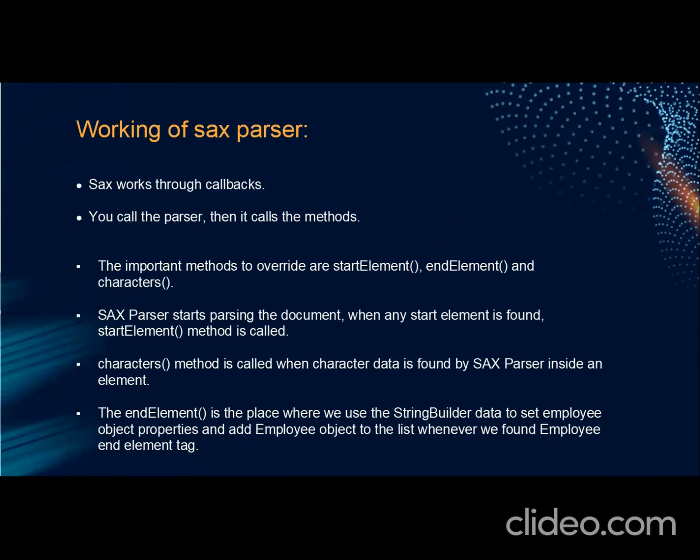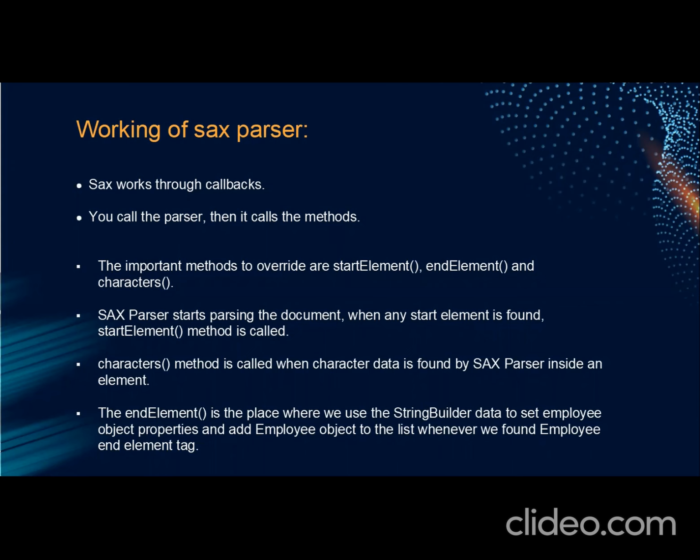Working of SAX Parser. A SAX Parser works through callbacks. Clients call the parser and the parser then calls the methods. The important methods to override are startElement, endElement, and characters.